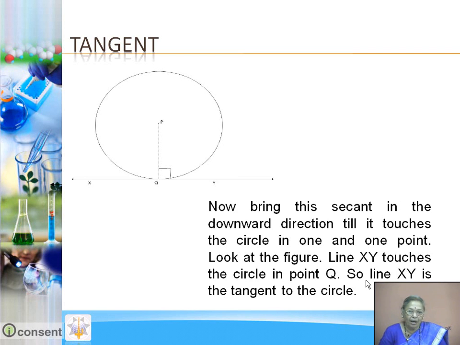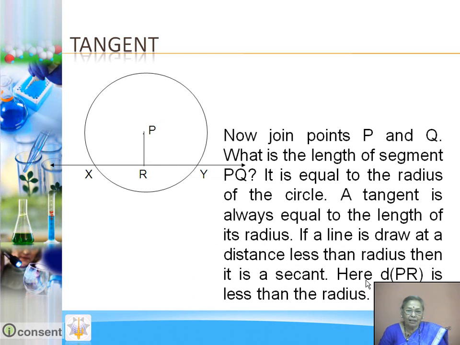Now, if you draw the line which is at a shorter distance than the radius, then it is not a tangent. It is called a secant of the circle.